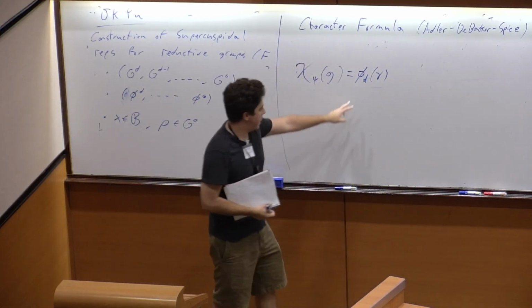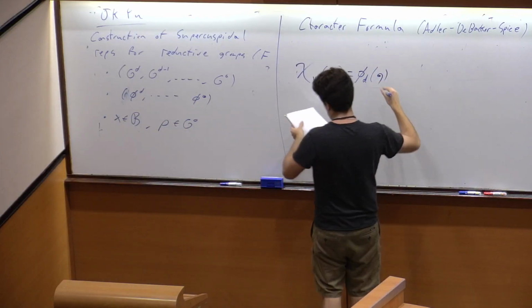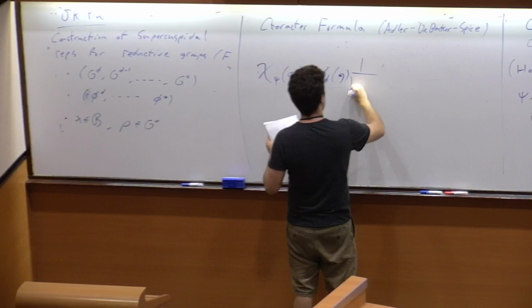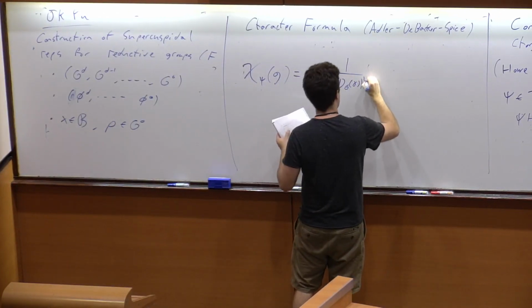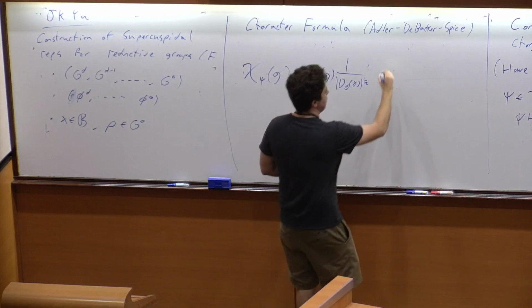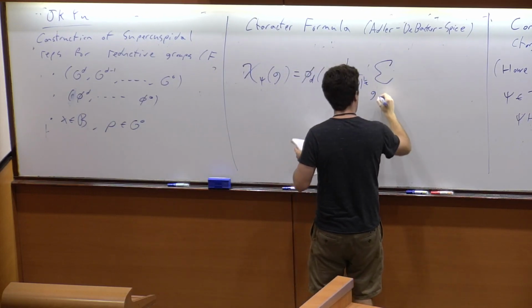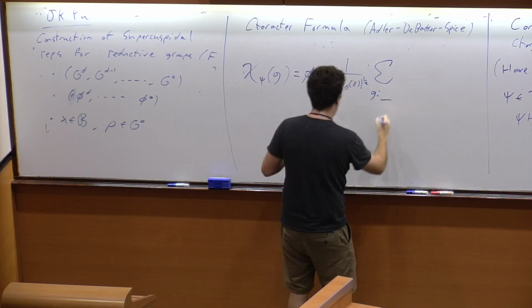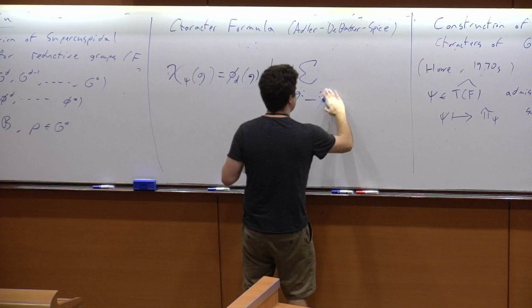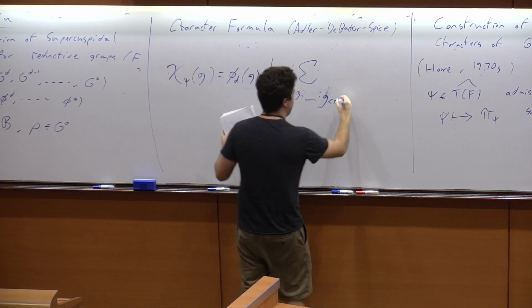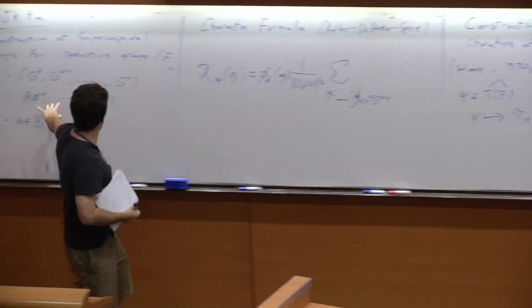You take this last character and just apply it to the element g, but then you need the discriminant of the element g, and then you need a nasty looking sum over g in a certain set, which I'll omit, just such that it conjugates these elements nicely into this group one tier down.